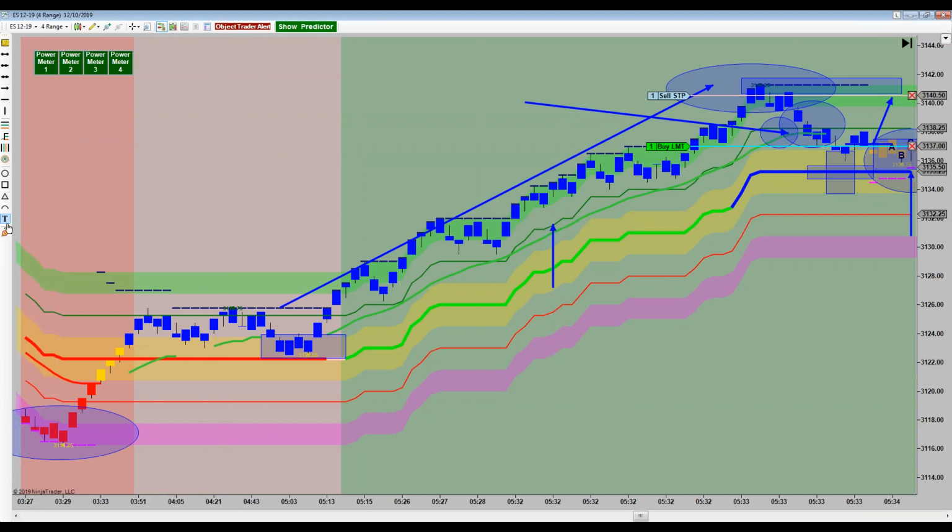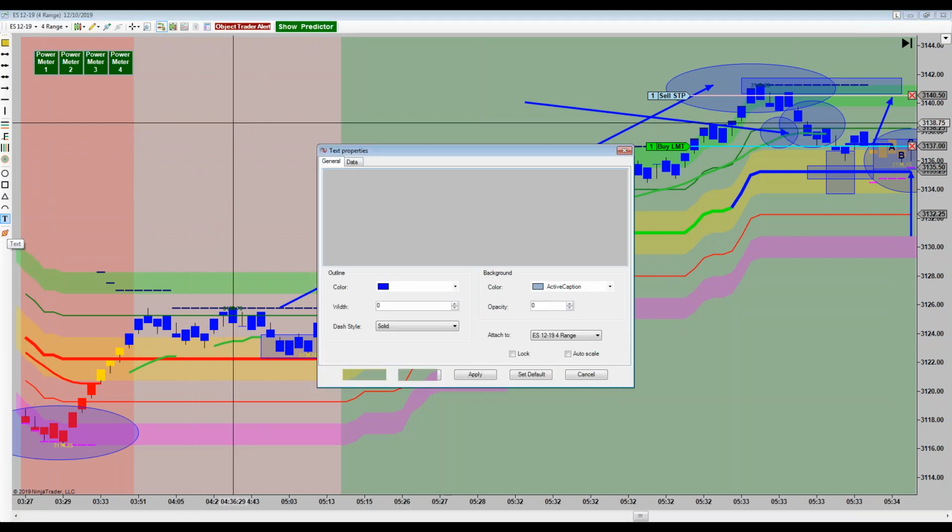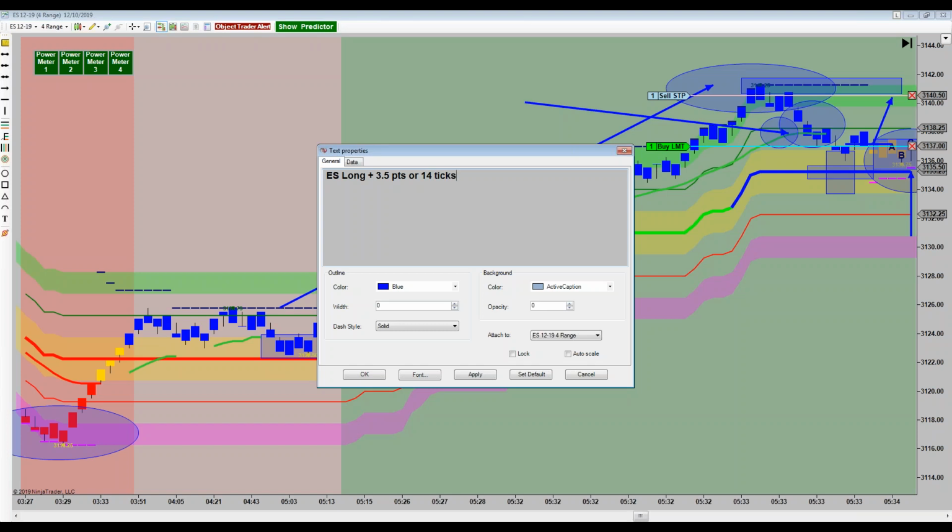ES long, plus 3.5 points, or 14 ticks. How many dollars is that worth if you put one contract on that?